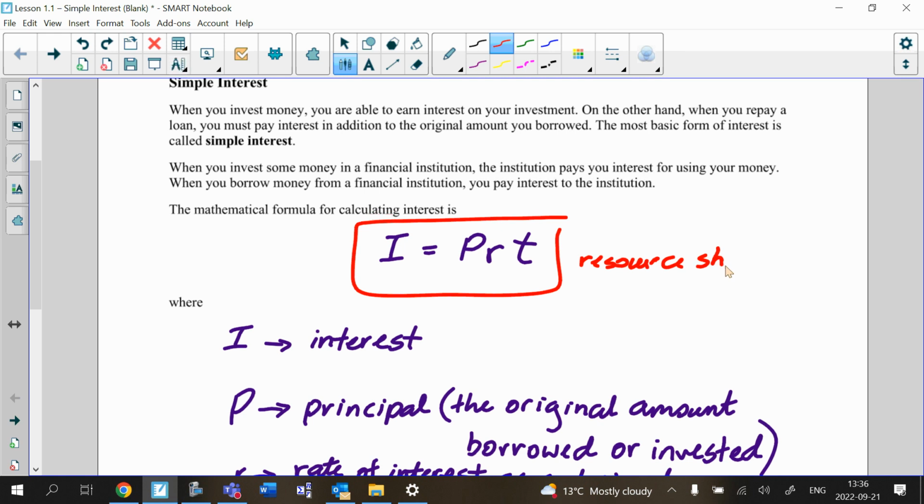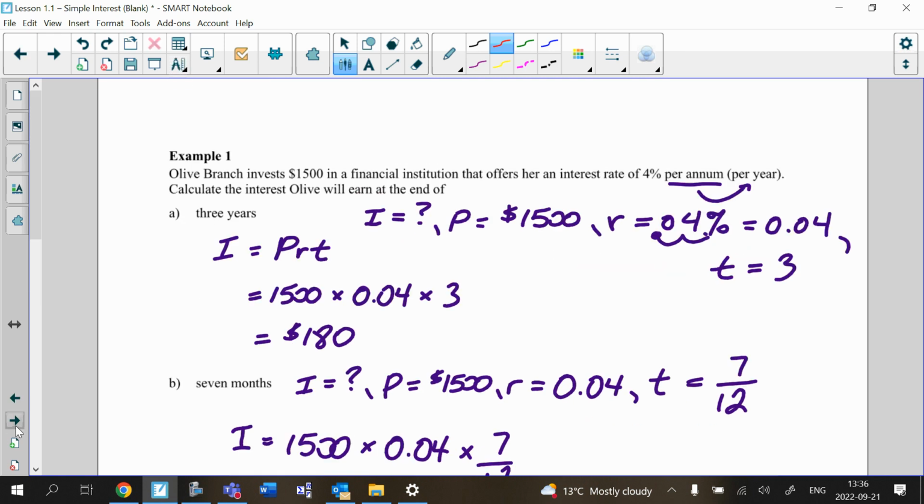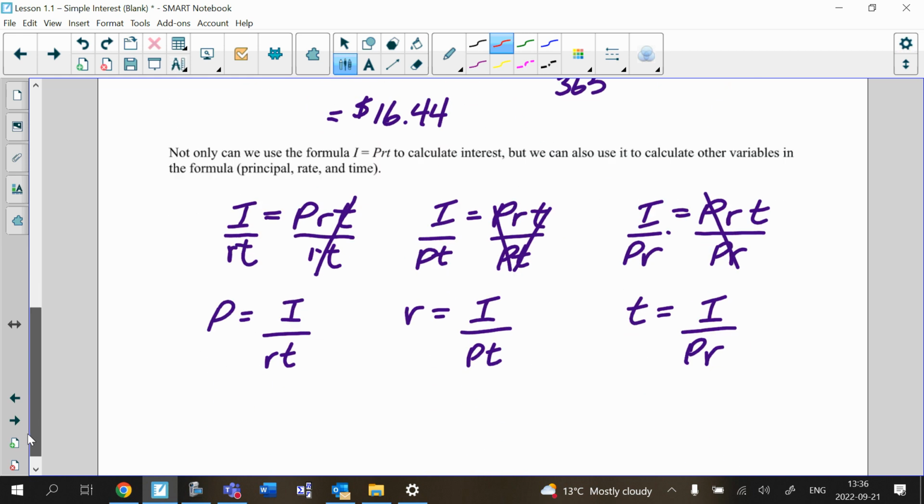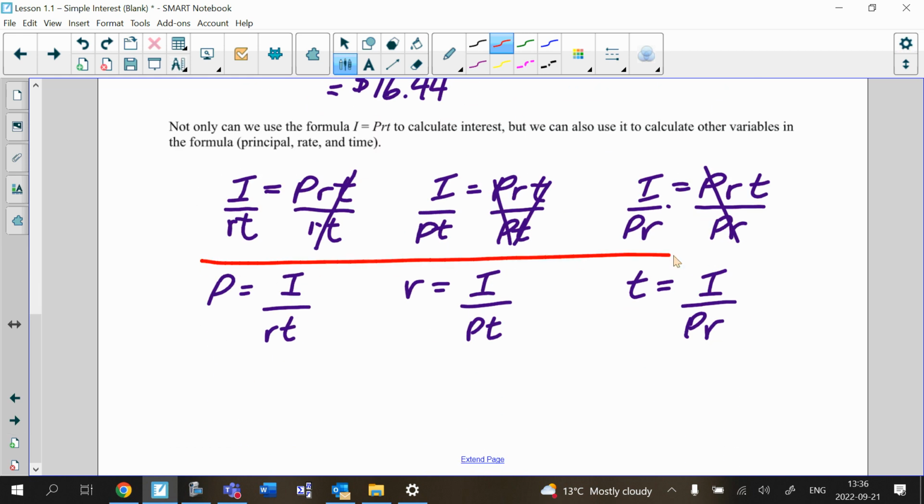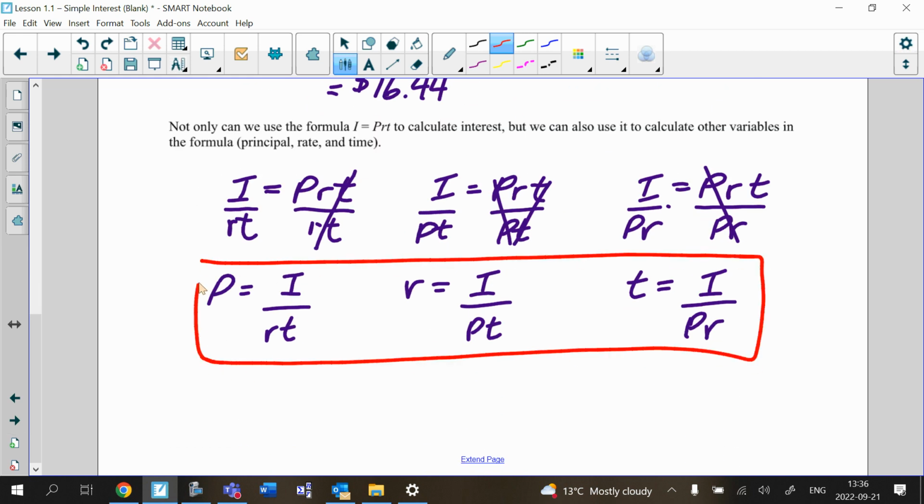For sure. Because then it's just a matter of plugging in the right numbers in the correct spot and doing the correct operations. So let's look at a couple questions where we're asked to find some of these.